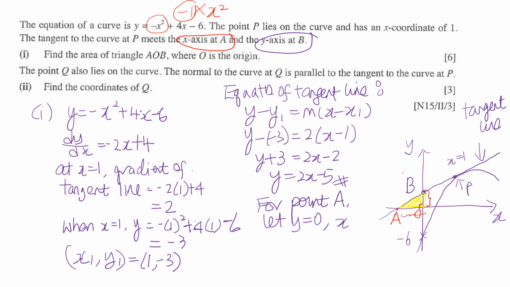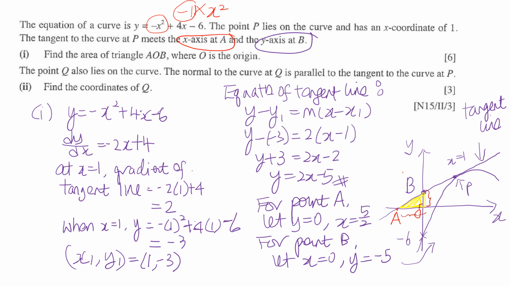So you have x equals to 5 over 2. Then for point B, this is when I let x equals to 0. So my y will be negative 5. Right, but if you're finding area, of course we will ignore the negative.